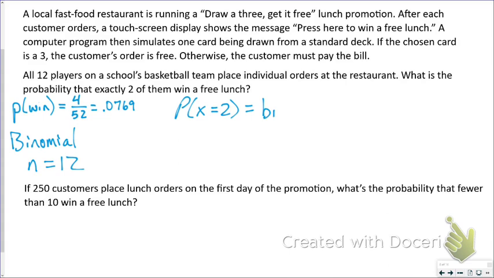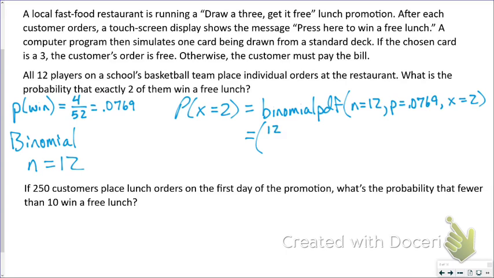But I'm going to write it like this, so everyone knows what to type in. Or another way to write this is in formula notation. So that would be 12 choose 2.